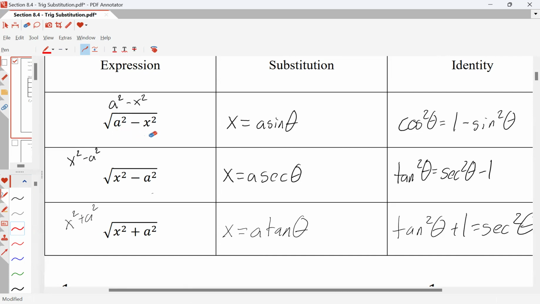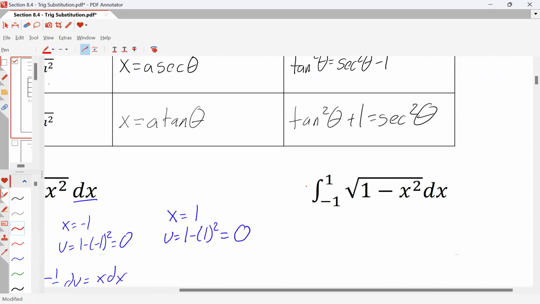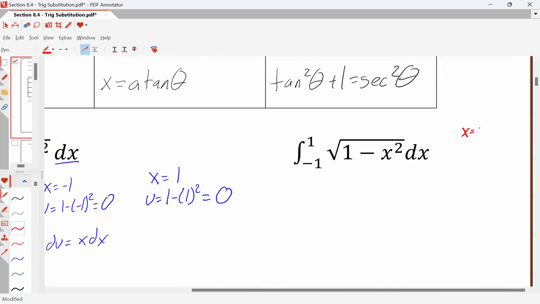I'm going to use the substitution x equals a, or 1, sine theta. x equals 1 sine theta. dx is going to equal cosine theta d theta. And just like u substitution, I'm going to replace everything out. But now I'm replacing the x with sine theta and the dx with cosine theta d theta.